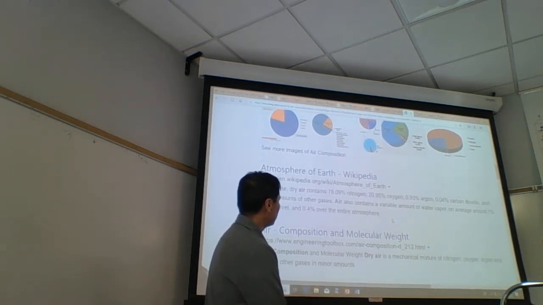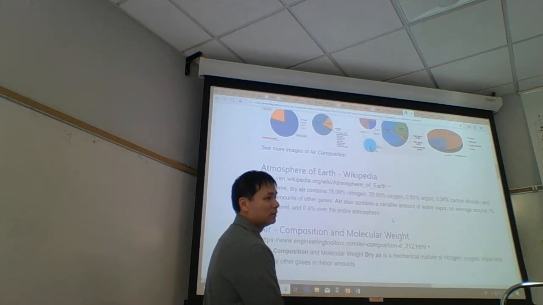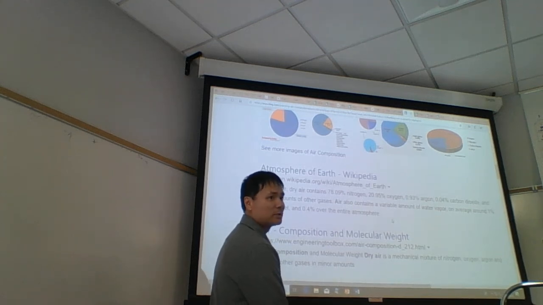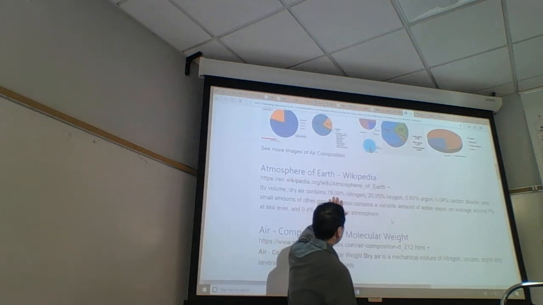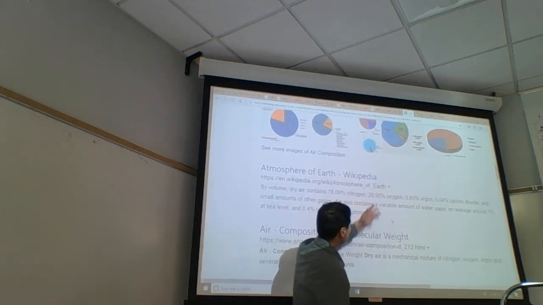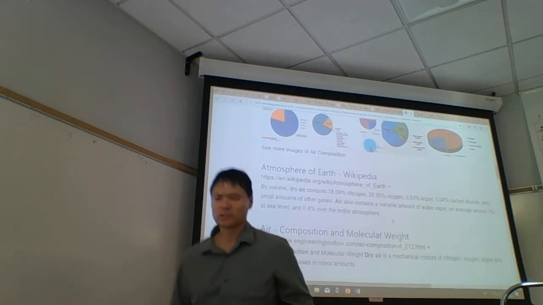Rather than calling it 78%, we'll go with like 80%. 80% is a little easier to remember. So we'll just consider air 80% nitrogen and 20% oxygen. Or if you want to be more precise, that's fine too, 78, 21. But I'm just going to go 80, 20.